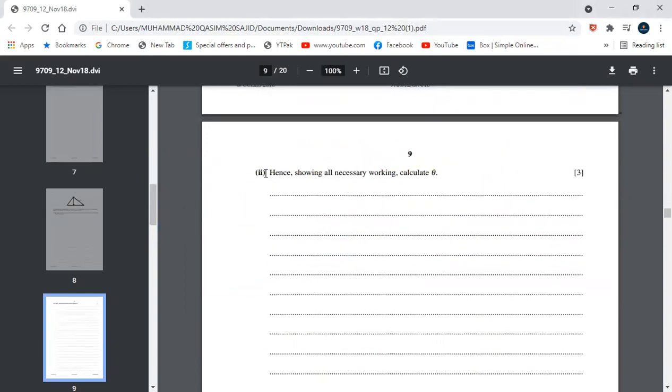So for this question, to calculate the angle theta, use some method.